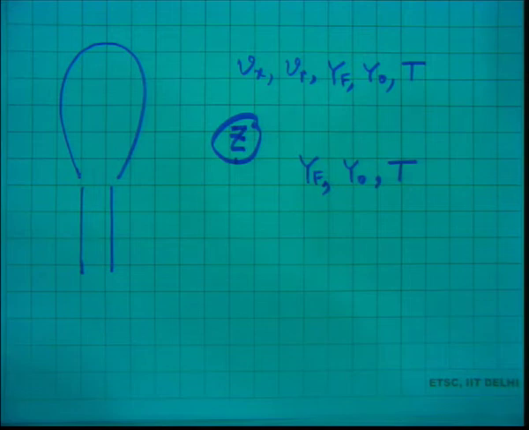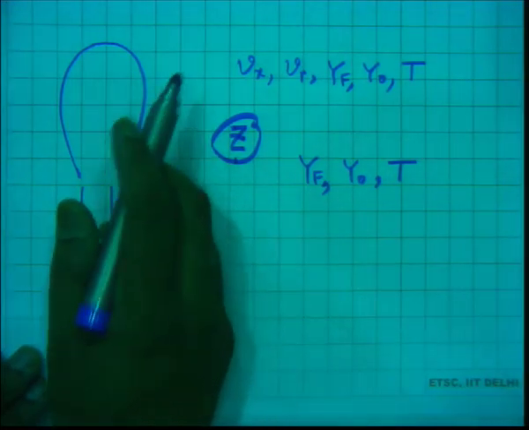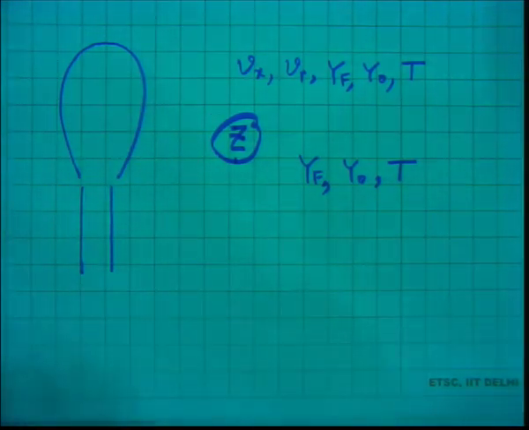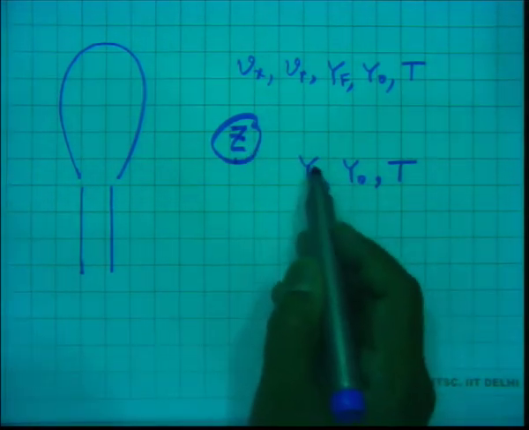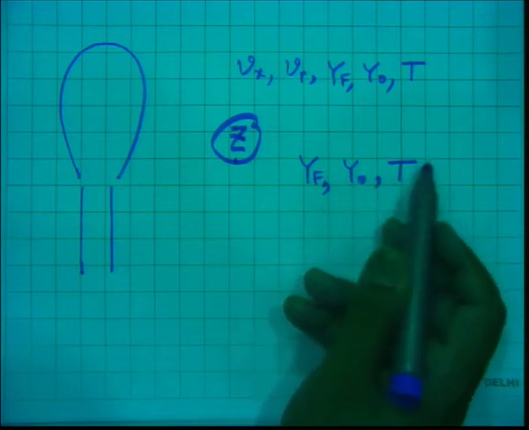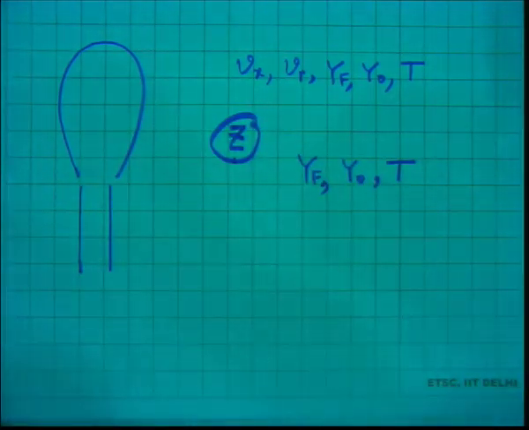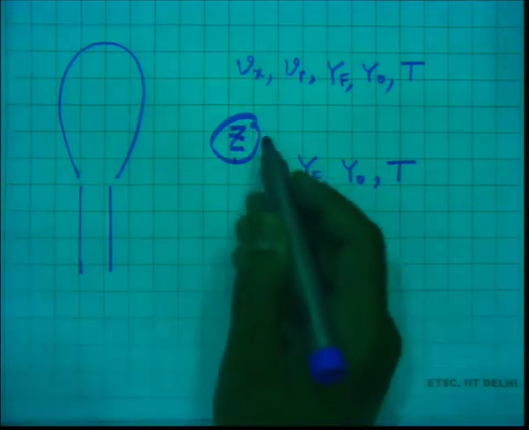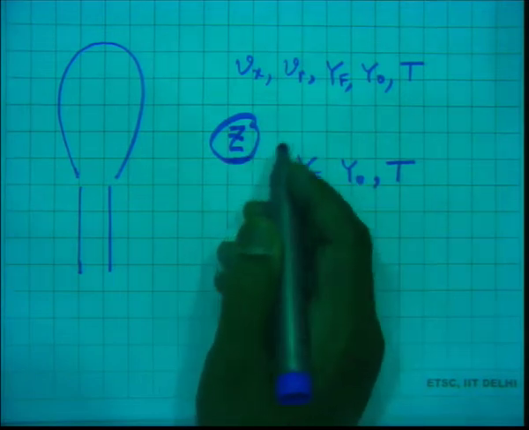Okay, these relationships are valid inside the flame and outside the flame separately, with different expressions, and these are the expressions which we did towards the end of the last class. So, we can use YF as a function of Z, YO as a function of Z, T as a function of Z inside the flame, then outside the flame, and get everything. So, that is the main advantage, that you have to solve for fewer things, and it is also true that this Z is in fact easier to solve.